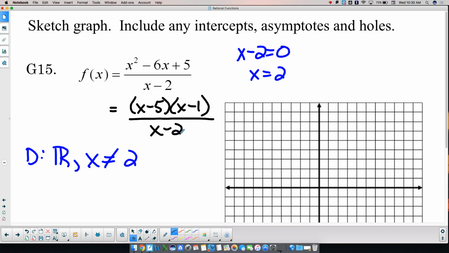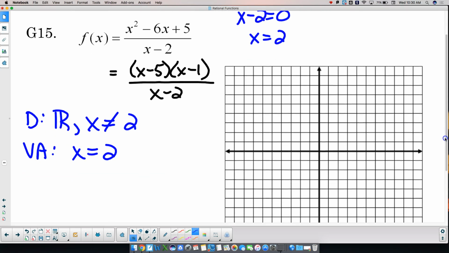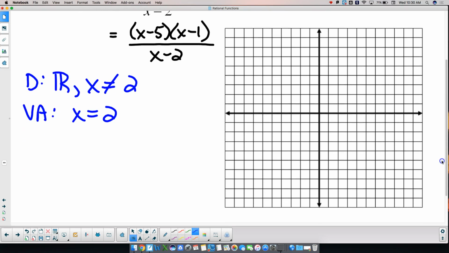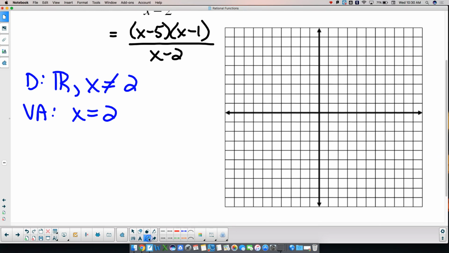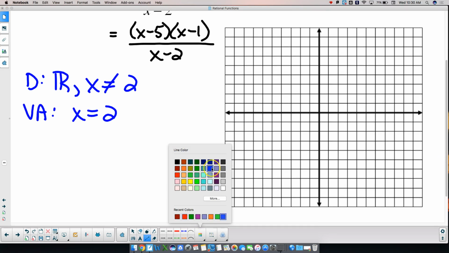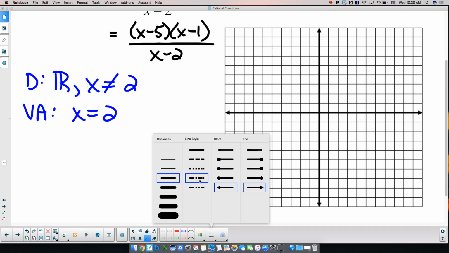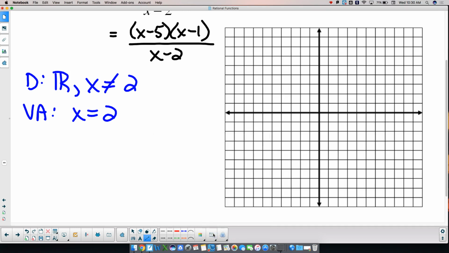Nothing factors out, so this stays. My vertical asymptote is x equals 2. Okay.